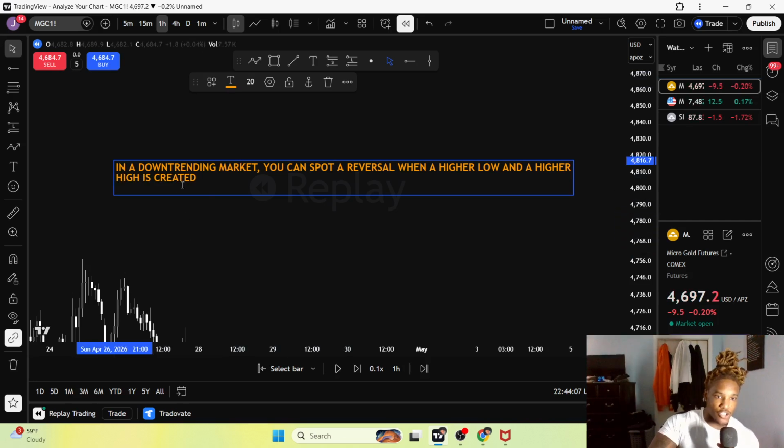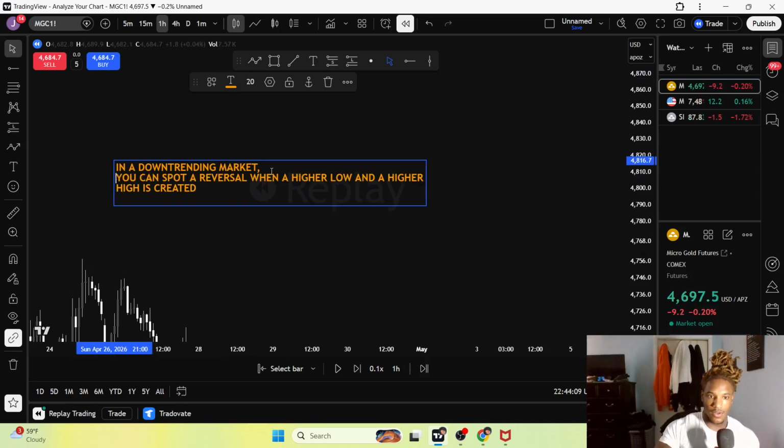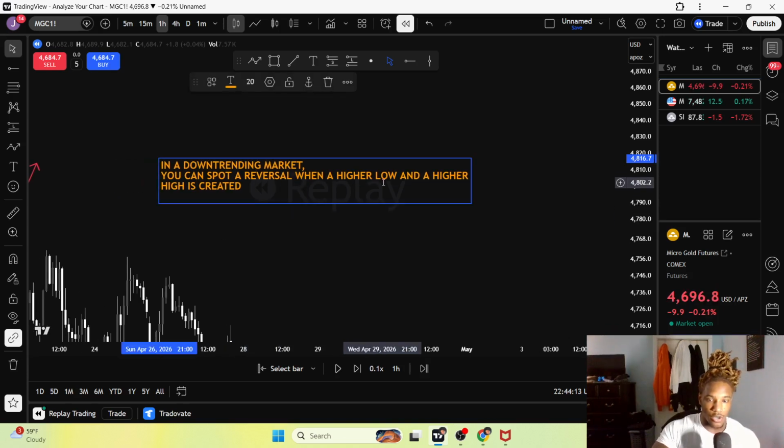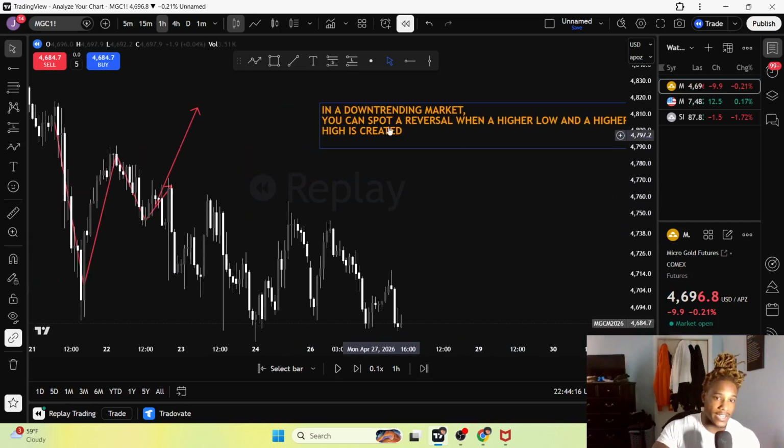So in a downtrending market, you can spot a reversal when a higher low and a higher high is created.